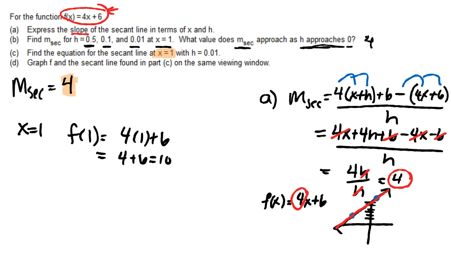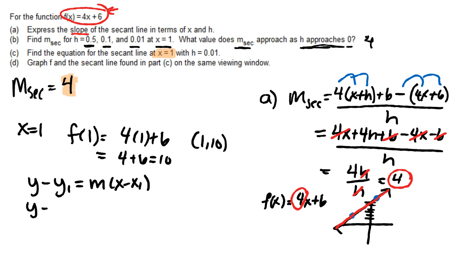So I'll find the equation of the line using the point-slope form. y minus y1 equals m times x minus x1. So I'm using that point, (1, 10). So in for y1 is 10, in for the slope is 4, and in for x1 is 1.